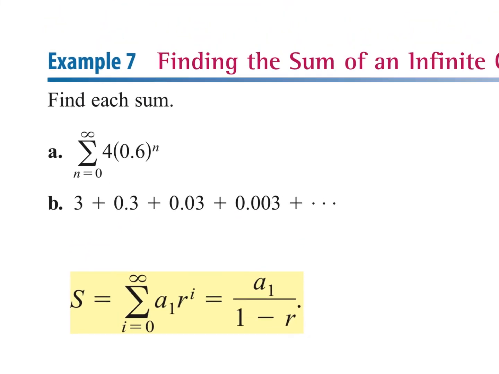All right, so our last example. Two more here. So the sum of our series is going to be a sub 1, not including the ratio, so we don't include this 0.6 here. So it's 4 over 1 minus our ratio, which is 0.6. Then we just put this into our calculator.